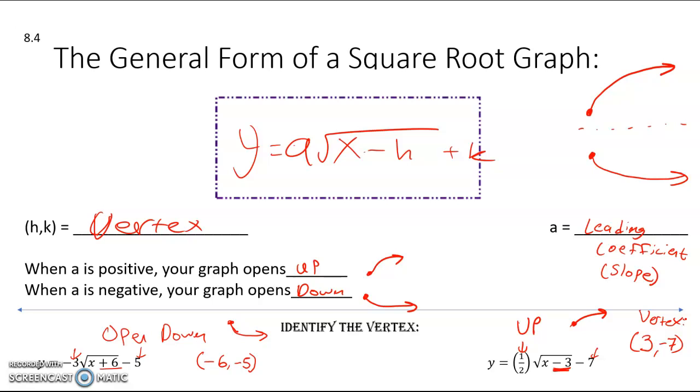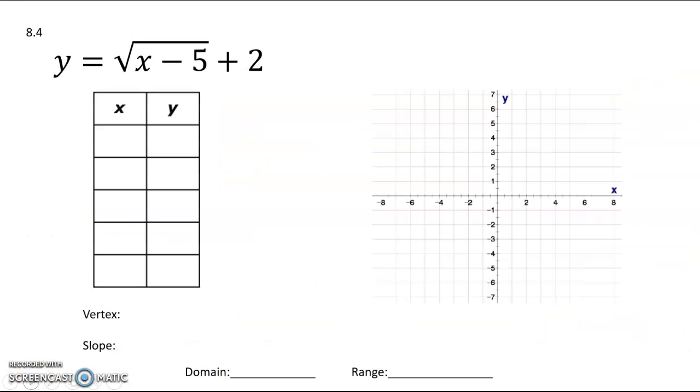Going on here, let's go through some more complete examples. So I'm going to delete the slope here. We don't have to deal with that. So y equals negative 5 plus 2, square root of x minus 5 plus 2. Let's figure some stuff out here. Let's find the vertex. That's the first thing I want to find.